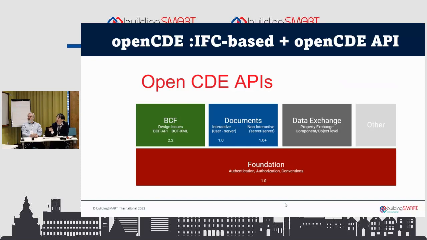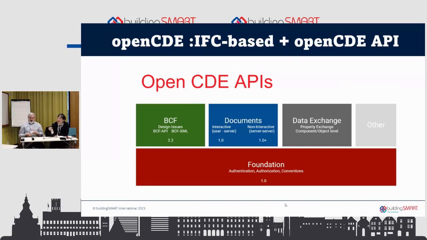And the next, 2.2, is for BCF. So if you put some IFC file on CDE, you can browse around it via a web browser and find some issue. You can add some issue message here, and then send it by email or exchange a BCF file to another platform.